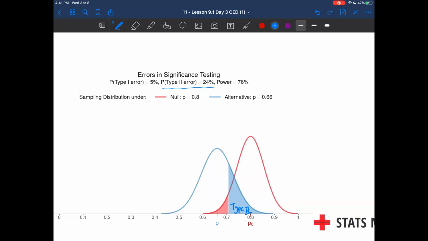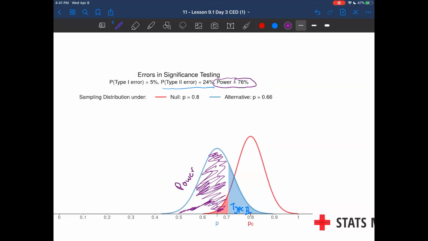So the probability that we're going to make a good decision was 76%. And if we take a look here, we see 76% is our power. So I'm going to go ahead and shade that in under my curve here. What I have shaded in is your power.